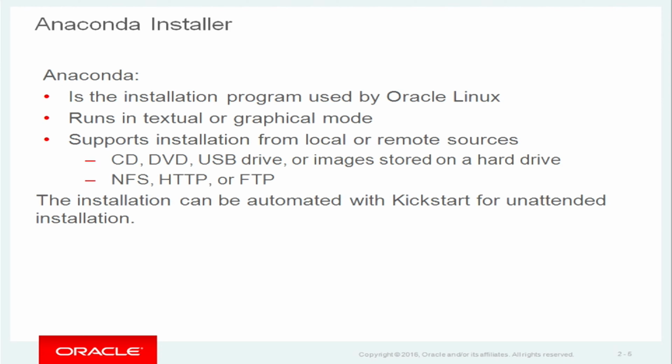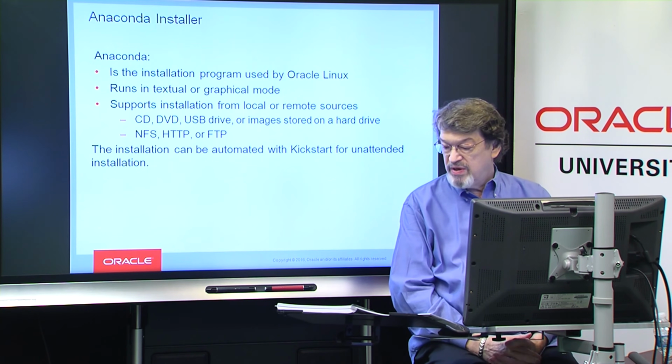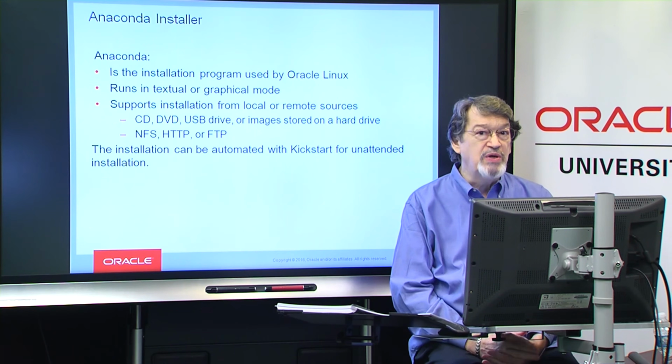And so the notion of having a network file system ISO, or one that I can through HTTP do a wget, or an FTP that I can download after having done a PXE boot, those are all good choices.